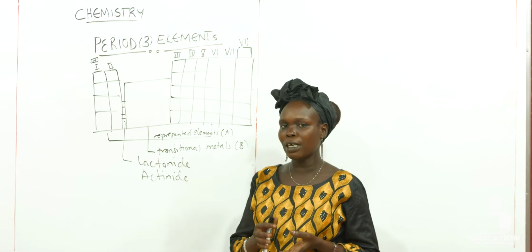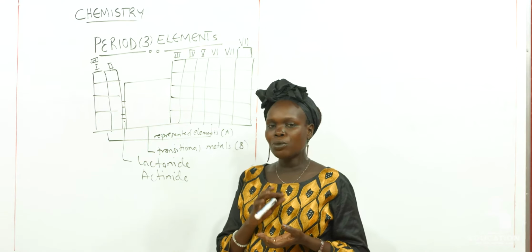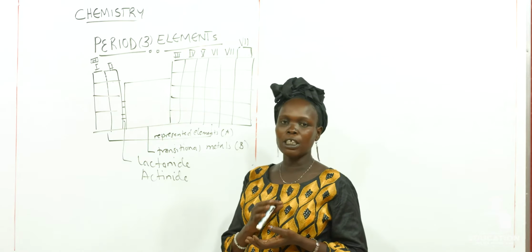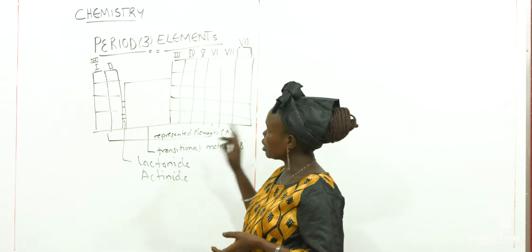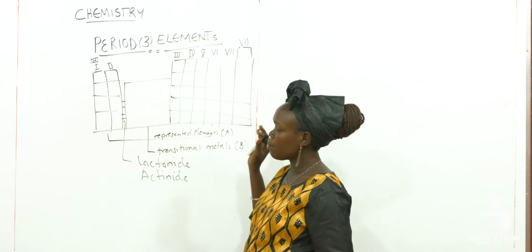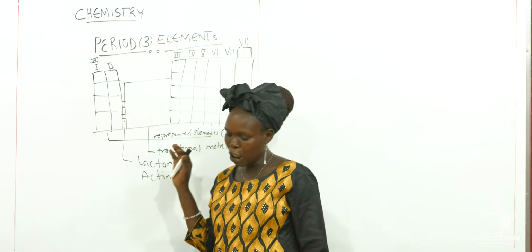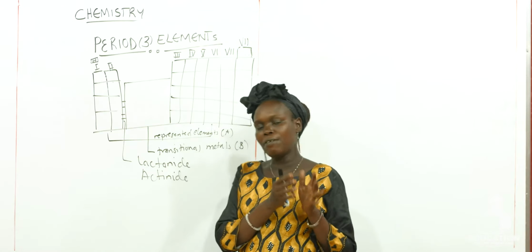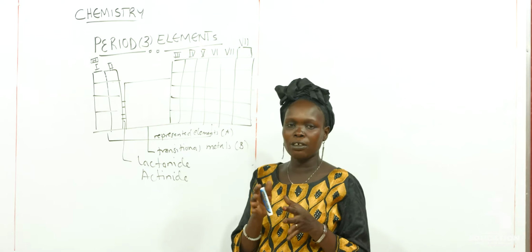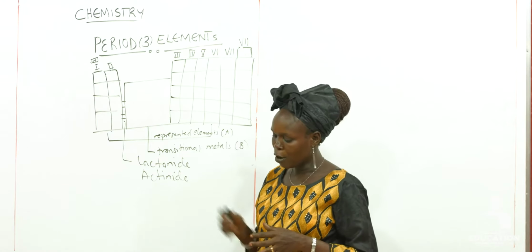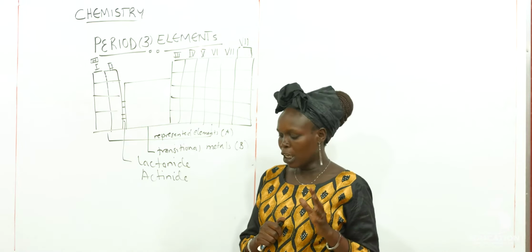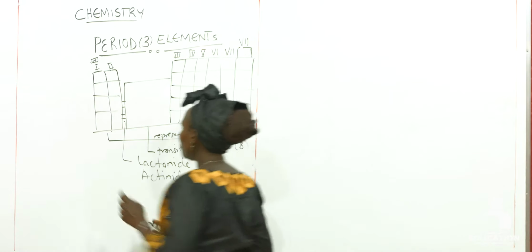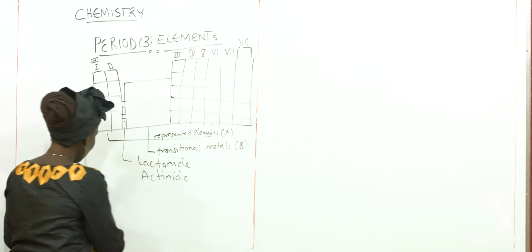We learned before that there are energy levels when distributing the electrons in each element. In this case we have 3 energy levels when dealing with period 3.